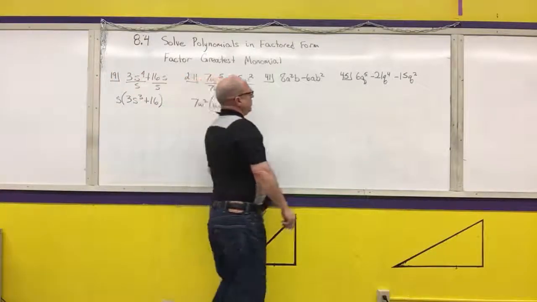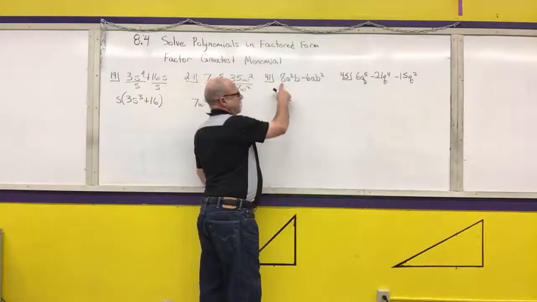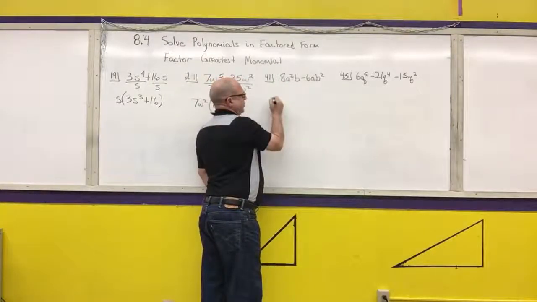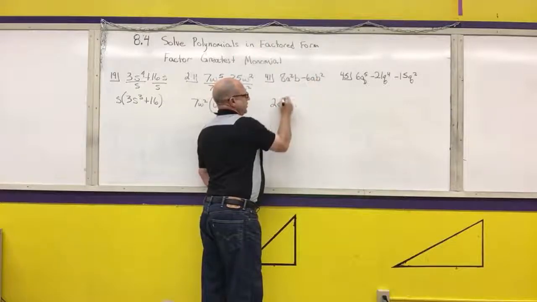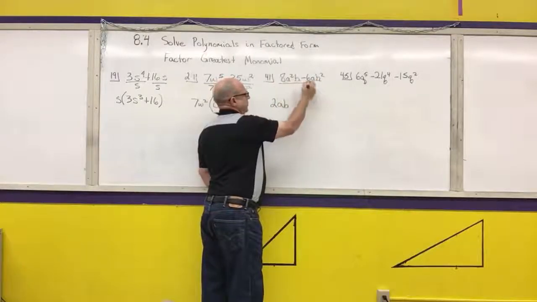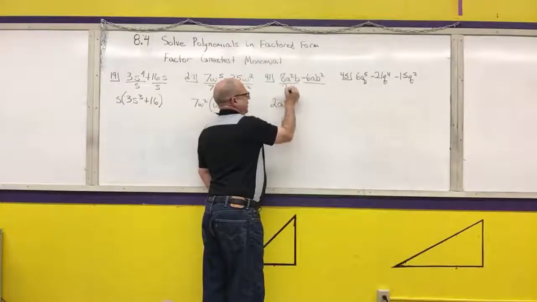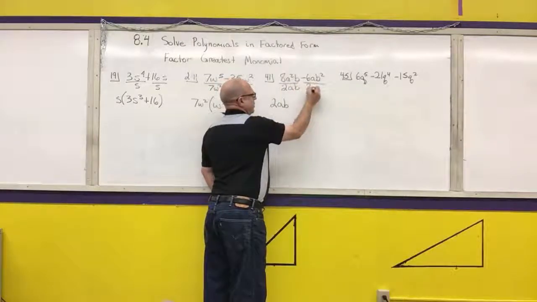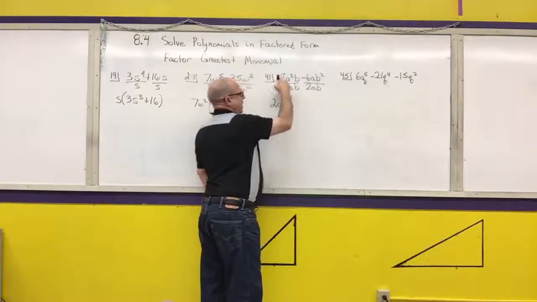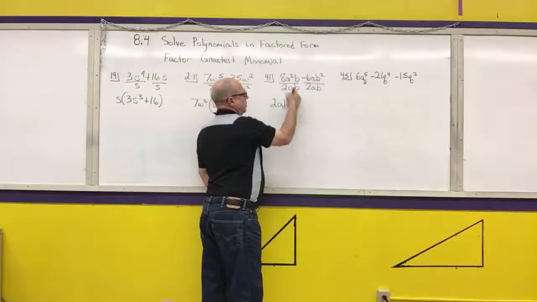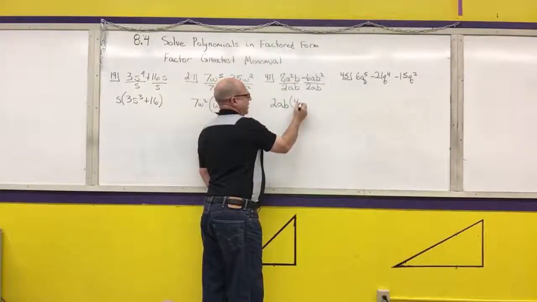For 41, the greatest common factor between 8 and 6 is 2. The lowest amount of a's is a to the 1st. The lowest amount of b's is b to the 1st. So I'm going to divide each term by 2ab. 8 divided by 2 is 4. A squared divided by a is a.